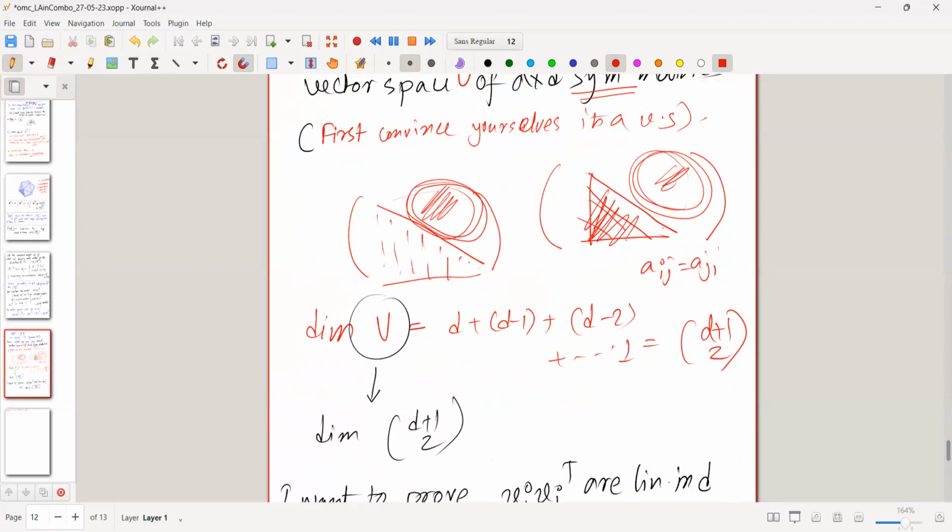Okay, never mind. I answered my own question. Yes, the dimension of all D cross D matrices is D squared.